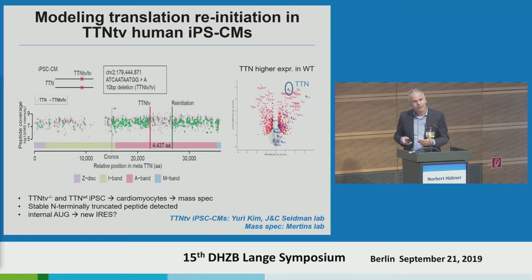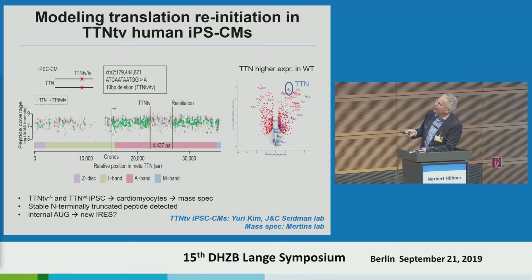Now, we have then gone on and introduced a certain type of truncating variants that we have detected in our human DCM patients into pluripotent induced stem cells. And we have differentiated those iPS cells into cardiomyocytes. What you can see here is we have engineered the titin truncating variants together with John and Cricket Seidman.